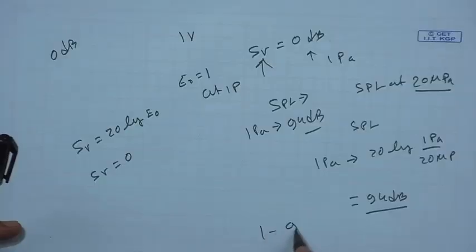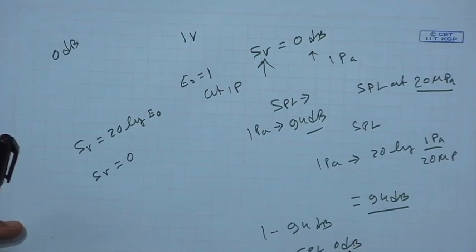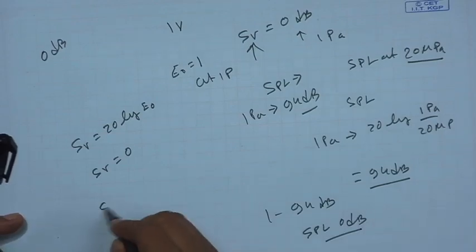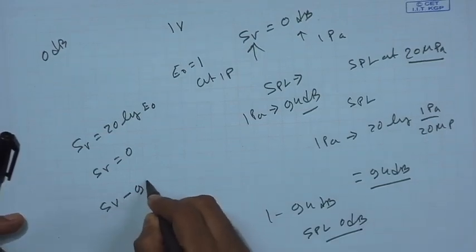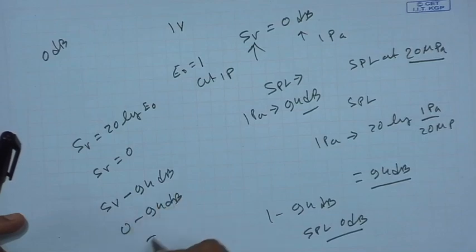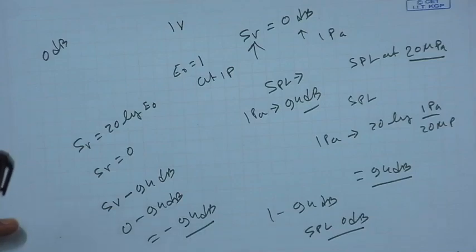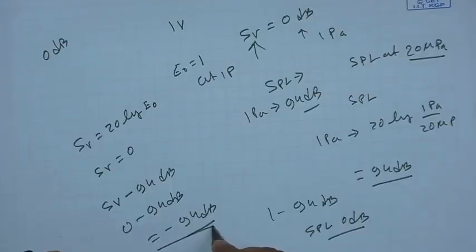So, 1 Pascal is 94 dB. That means if I expose the microphone to SPL 0 dB, that is the threshold of hearing, the pressure is dropped by 94 dB. So, SV will be SV minus 94 dB, that is 0 minus 94 dB, which is nothing but minus 94 dB. So, for the same microphone, if the sensitivity is 0 dB, then the sensitivity at the threshold of hearing is minus 94 dB.